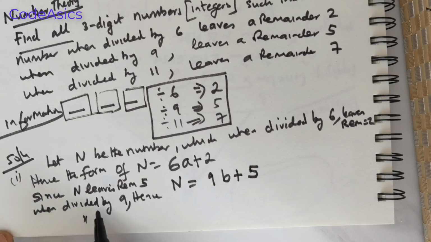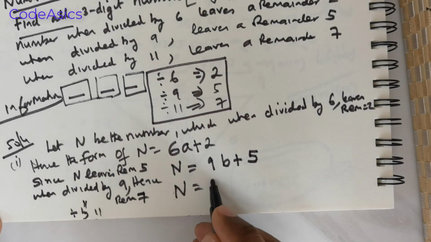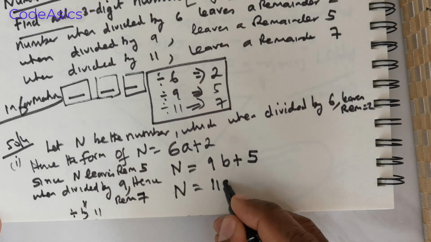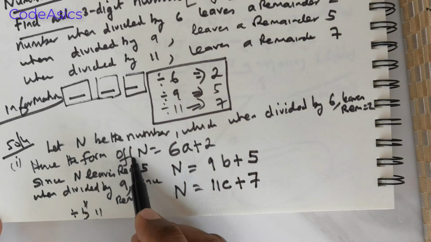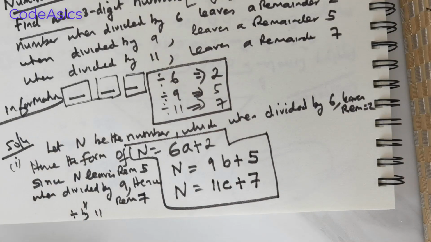Since n is divided by 11, the remainder is 7. So the form of n is going to be 11 times some c plus 7. So this is the first step that we need to write.